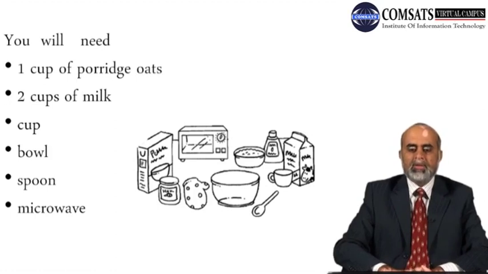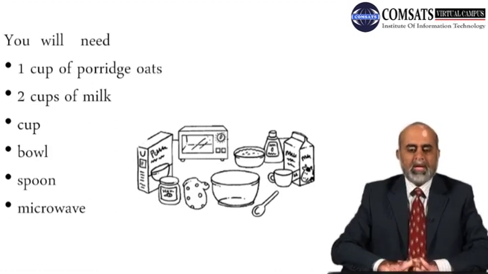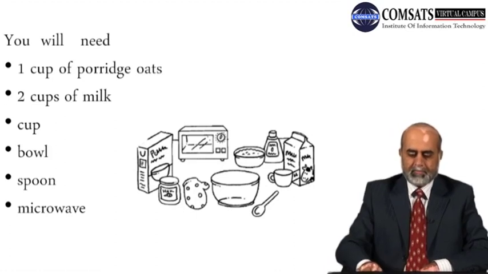It's a good idea to give pictures along with these objects because, for example, you might not know what oats are. So it's better to give a picture so that people who have limited knowledge can understand it. It's always a good idea to have pictures along with the objects.